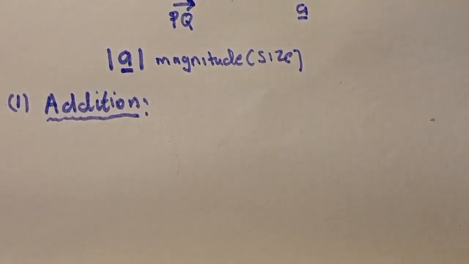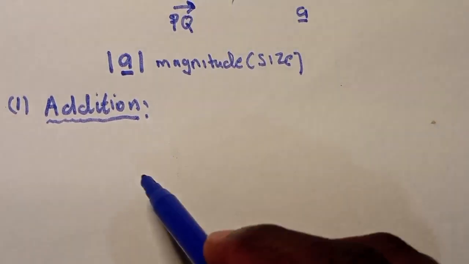Vectors have a rule. When you are adding two vectors, we simply connect the head and the tail. What do we mean?